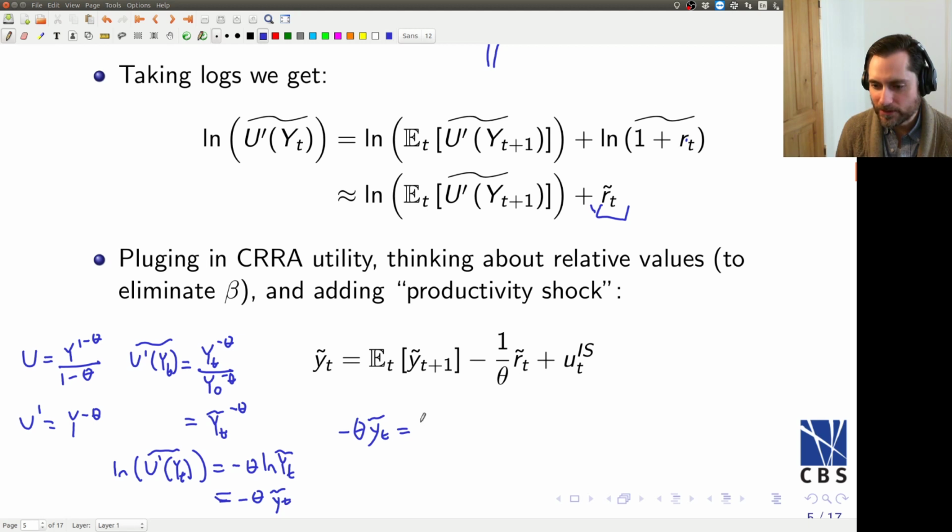So we can just write the expectation of little y t plus 1 tilde times negative theta plus r t tilde. It should be plus here as well, right?